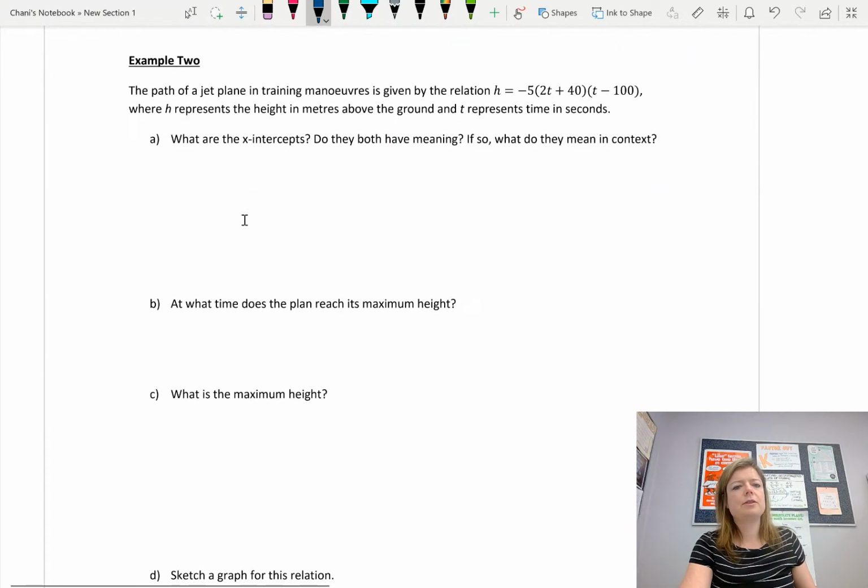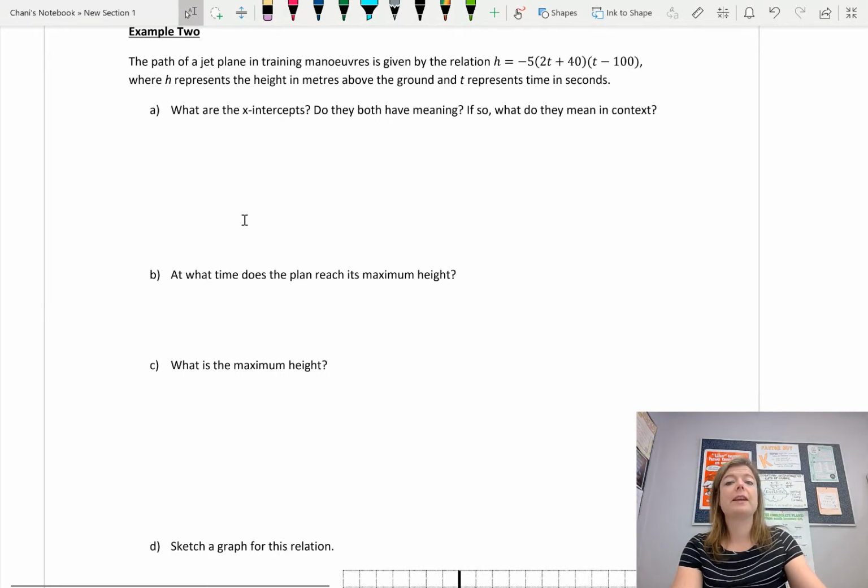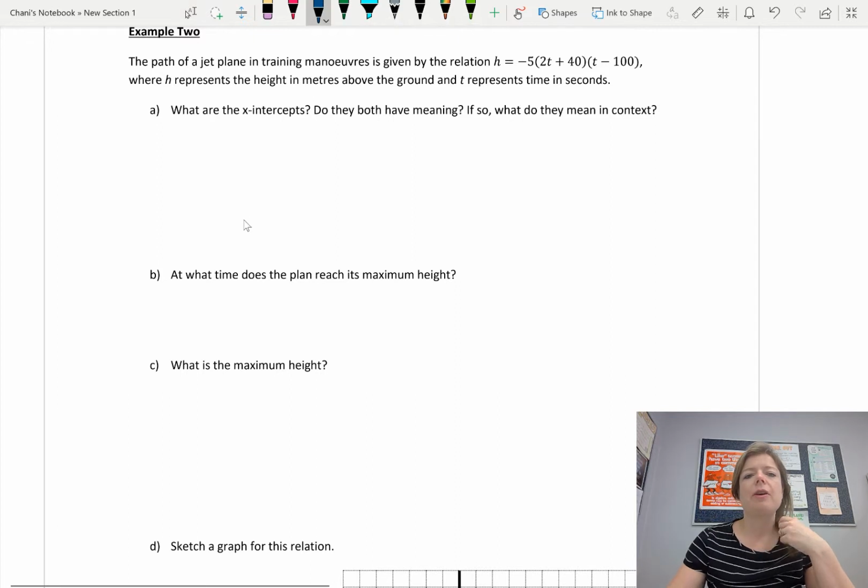Okay, so now let's continue to example 2. So in this case, they give you the equation, and they ask you some questions about it, including a sketch. So this is the path of a jet plane in training, and it's the height above the ground after a certain amount of time in seconds.